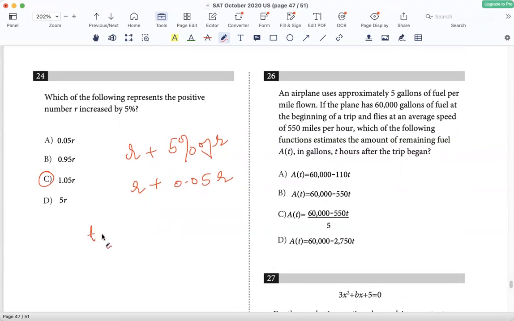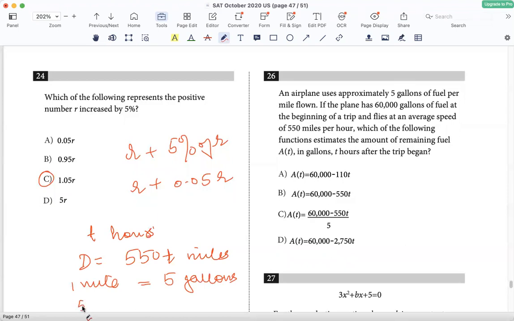Okay, so T hours would mean that it has traveled a distance of 550T miles. Now, per mile, it uses 5 gallons, right? So for 1 mile, it uses 5 gallons.